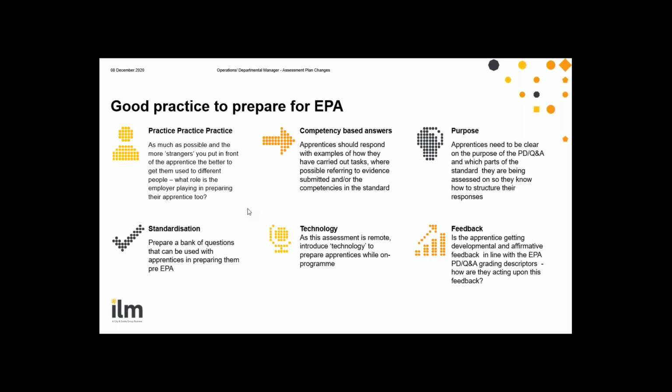The apprentice needs to be clear on the purpose of the professional discussion. They need to go into that professional discussion, or the questioning section, and be clear about what they need to tell the IEPA and what is required. Make sure they're familiar with the technology as well.